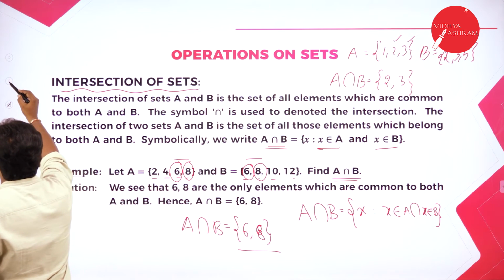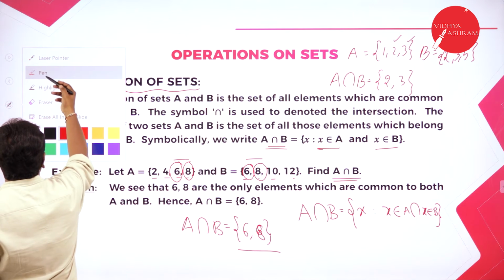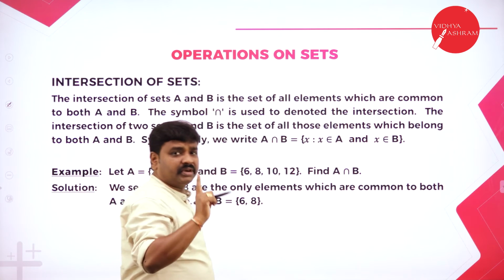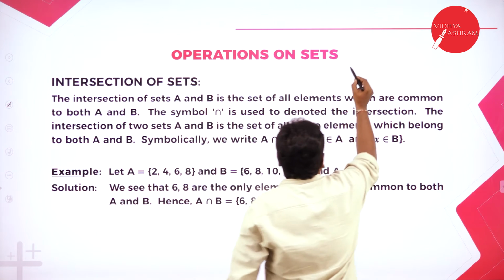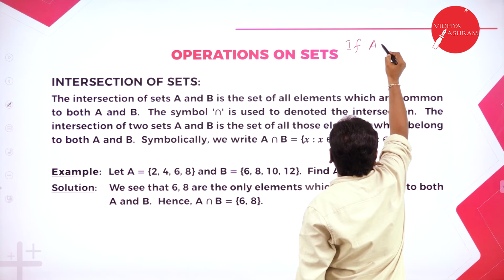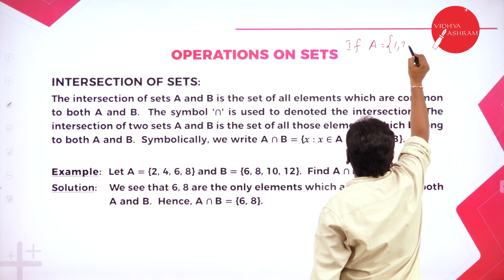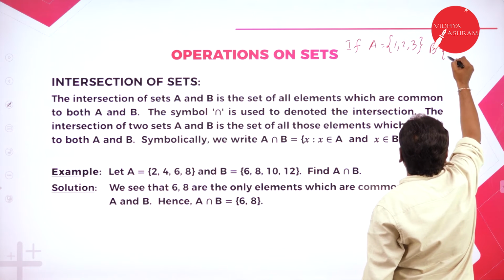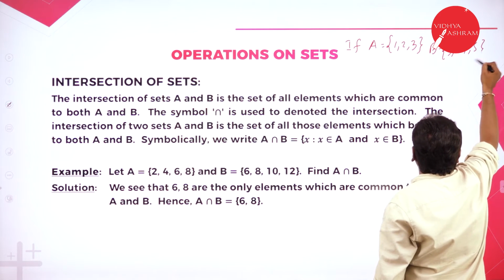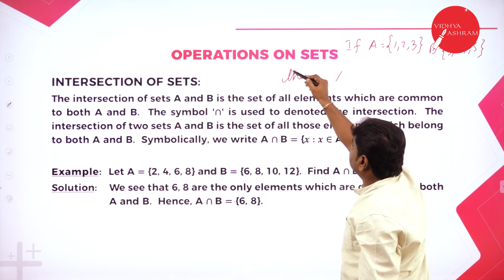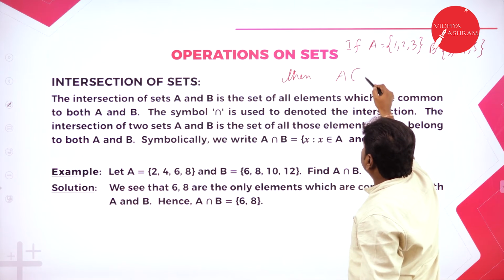Before we go to the properties, let me just conclude what A intersection B is by taking an example. Now, if A is equal to {1, 2, 3} and B is equal to {3, 4, 5}, then I'll write A intersection B.